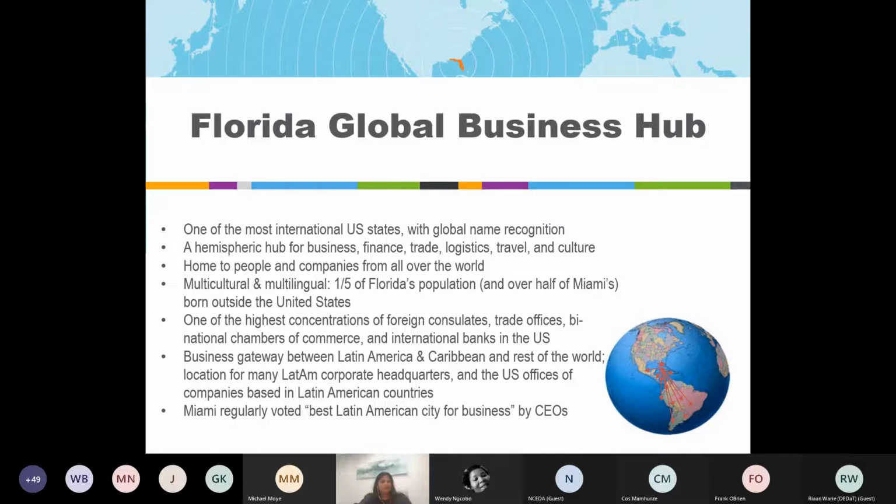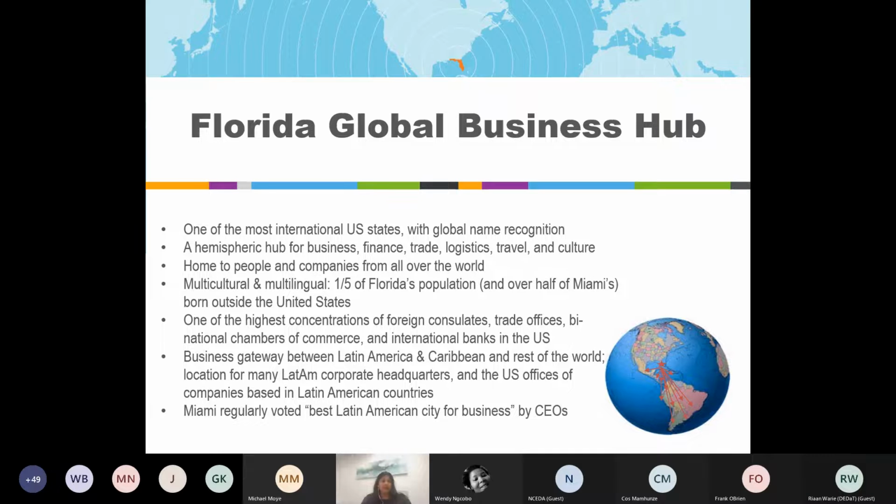Because Florida is so known for lifestyle and travel amenities, many people are surprised to learn that Florida is an international business leader, a global business hub, and an incredible destination for business, finance, trade, logistics, travel, and culture. It's home to people and companies from all over the world; one fifth of Florida's population, and over half of Miami's, are born outside of the US.